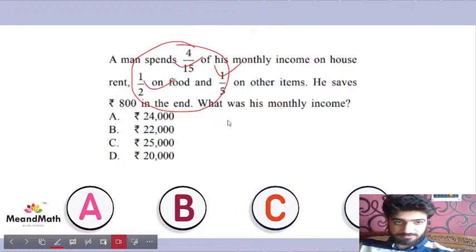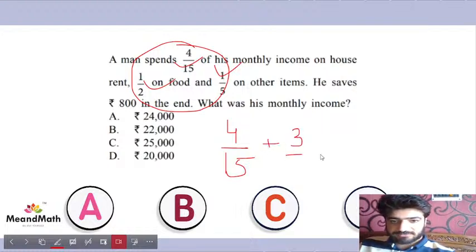So 4 by 15 will be 4 by 15. Then 1 by 5 in order to change into like fraction will be 3 by 15. Then 1 by 2, sorry, it is 2 also. So 7 by 15 I'll say first.